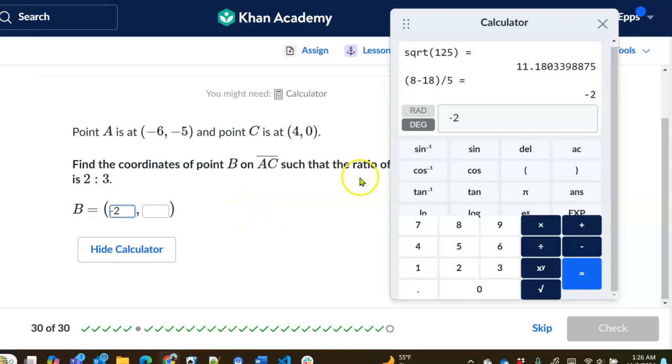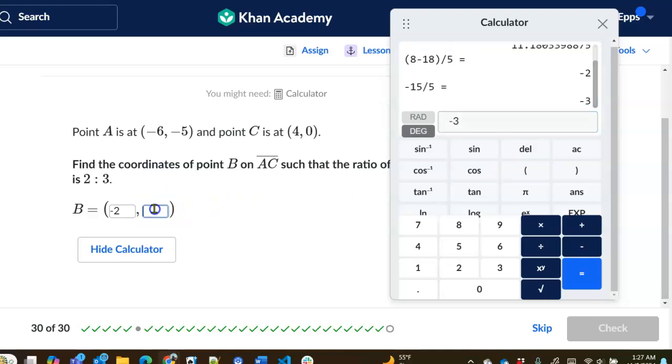Okay. Now for y, actually very similar: m times y2, which is 2 times 0, plus n times y1, n is 3, y1 is negative 5, so we have negative 15 divided by m plus n, which is 5.